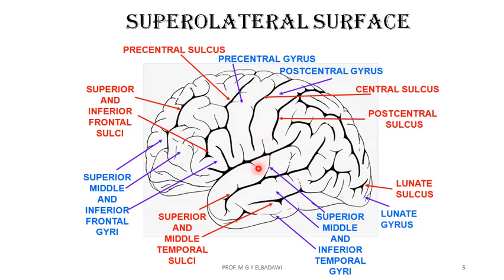In the temporal lobe, we have the superior, the middle temporal sulcus, and there is inferior temporal sulcus on the inferior surface, dividing this temporal lobe into superior, middle, and inferior temporal gyri.